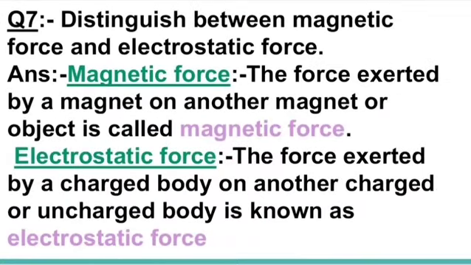Question number 7. Distinguish between magnetic force and electrostatic force. As you already discussed, the magnetic force is the force exerted by a magnet on another magnet or object, and the electrostatic force is the force exerted by a charged body on another charged or uncharged body.